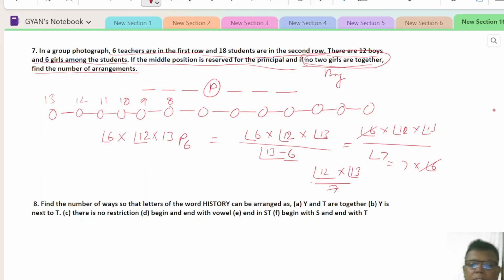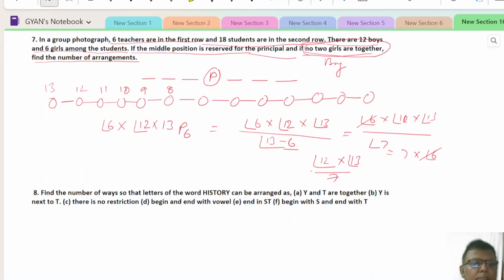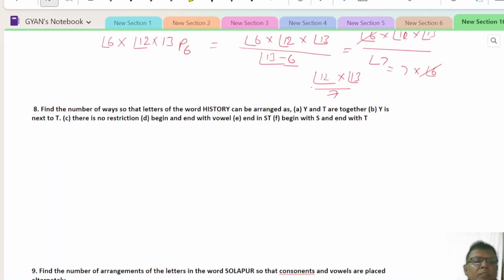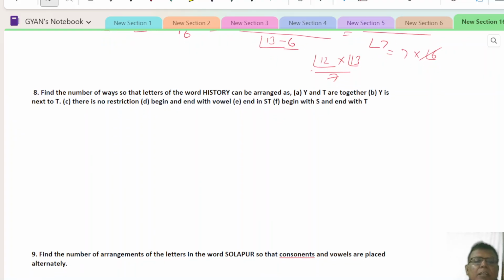Now come to the question number 8. Find the number of ways so that the letters of the word HISTORY can be arranged if Y and T are together. So together, then you make it one entity. So Y and T, one entity.